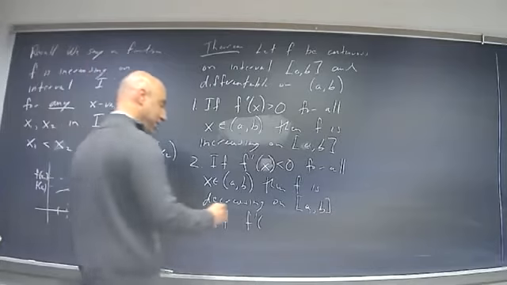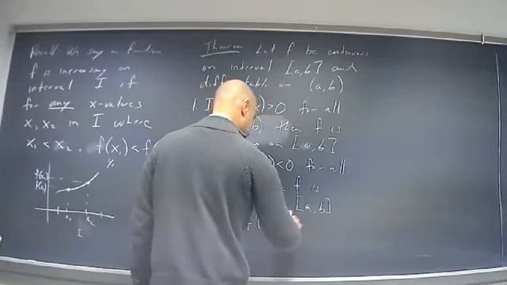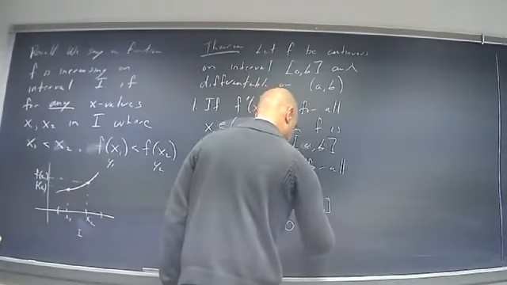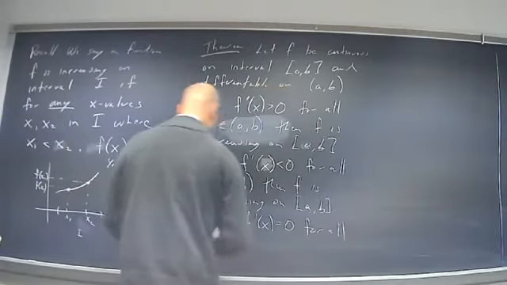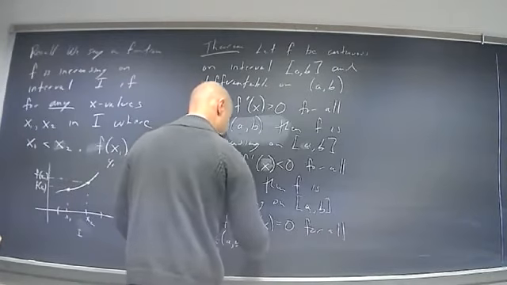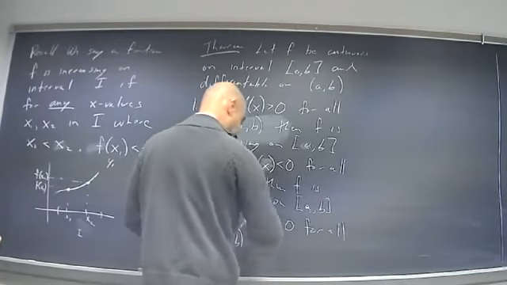If f prime of x is equal to 0 for all x in AB, then f is constant, just a horizontal line.